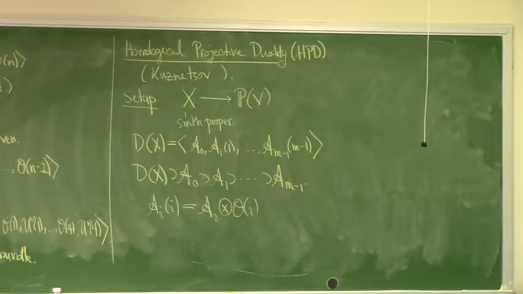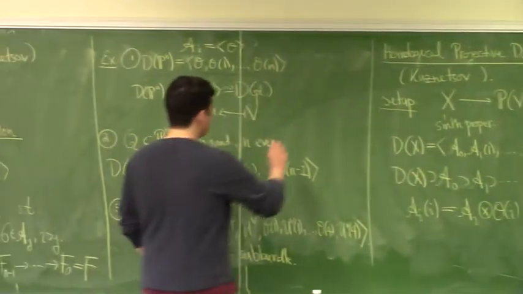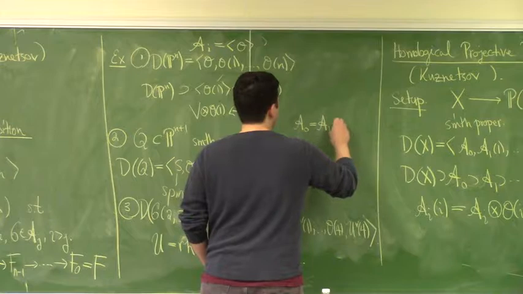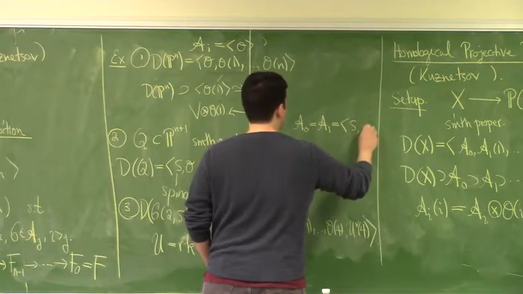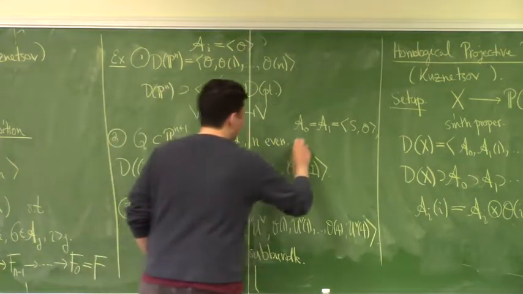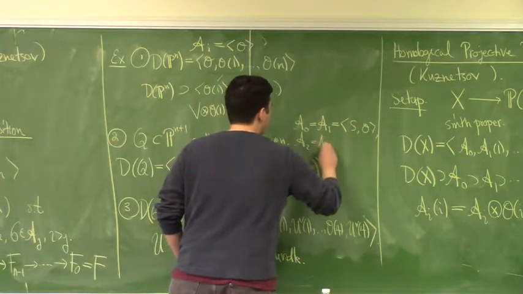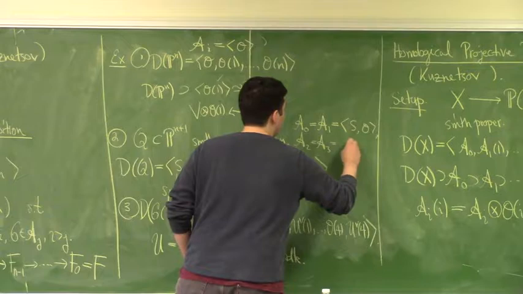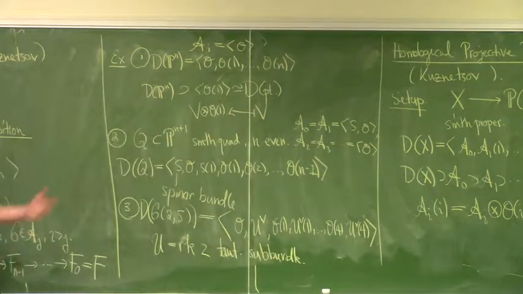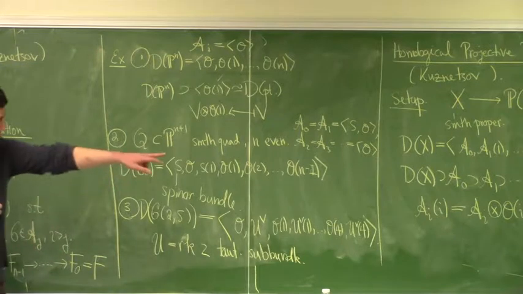Okay? In the second example here, you can take A_0 and A_1 to be the category generated by S and O, and all the other ones, so A_2, A_3, etc., just to be generated by this single object O. So that satisfies the conditions over there.